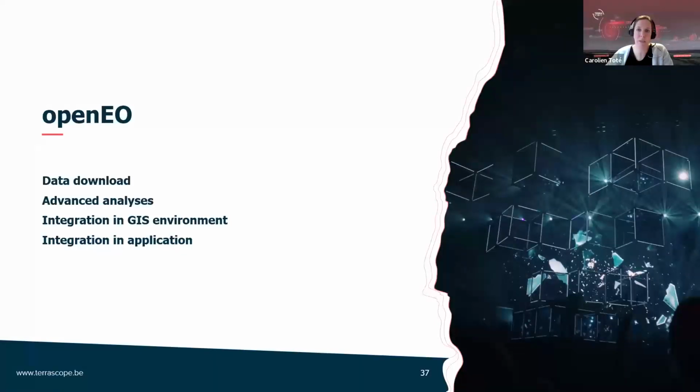So OpenEO allows you also to download data, but also to do advanced analysis and to integrate in your GIS environment or in an application without downloading data. So OpenEO has an API that allows you to connect to the Earth observation product providers, let's say in a simple way.